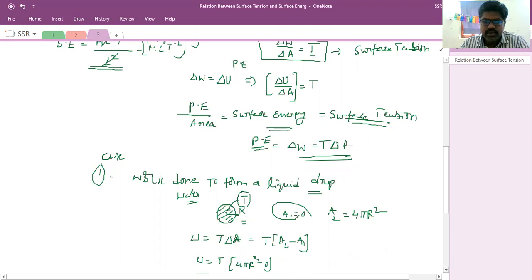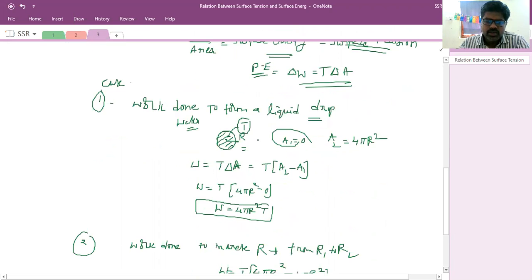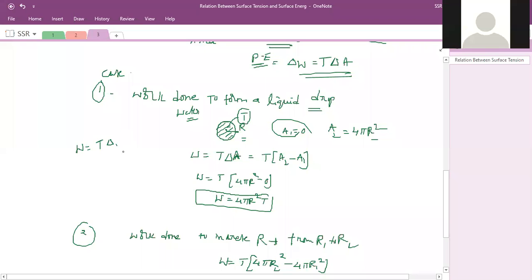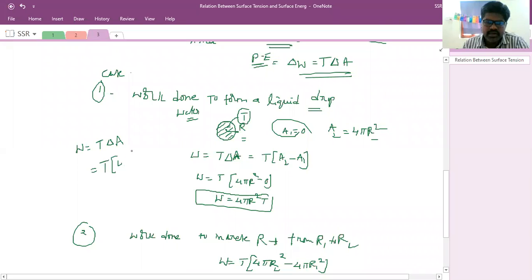Next, work done to form a liquid drop. Initially small drops are forming a big drop of radius capital R. Then the final area of that bigger drop is 4 pi R square. Now the work done to form this drop is T into delta A, that means T into A2 minus A1.